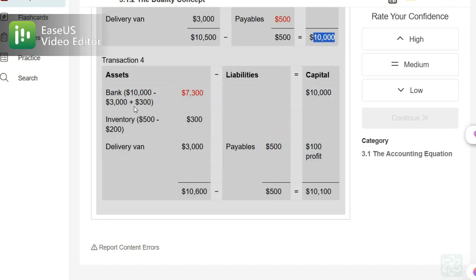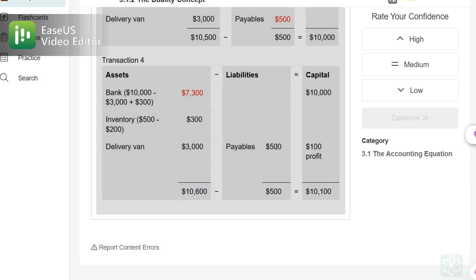And in transaction number 4, what happened is that the bank balance was 10,000 minus 3,000 paid for the van, and then you have just sold lemonade that cost 200 for 300, and the cash balance goes up, and that is 7,300. Now the inventory before was 500, but you have just sold 200, so the remaining inventory will be 300. Okay, the delivery van cost was this one. So these all are your assets, and your total asset is now 10,600.